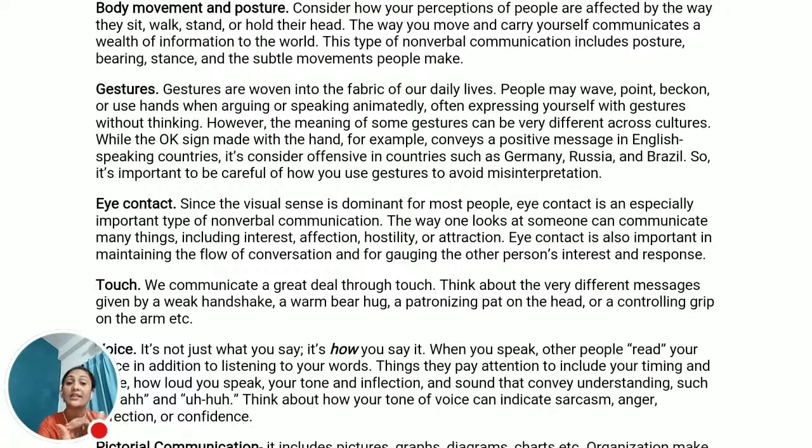This eye contact is very essential there also. Eye contact is essential because it maintains the flow of conversation. You can connect with your audience very easily, and your eyes speak a lot about your emotions and your ideas. Sometimes maybe you are speaking a lie, but your eyes tell a lot about the hidden aspects of that particular conversation which you want to hide.